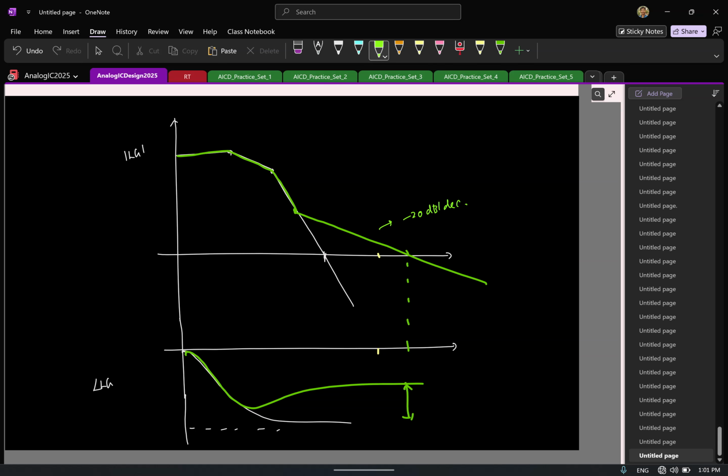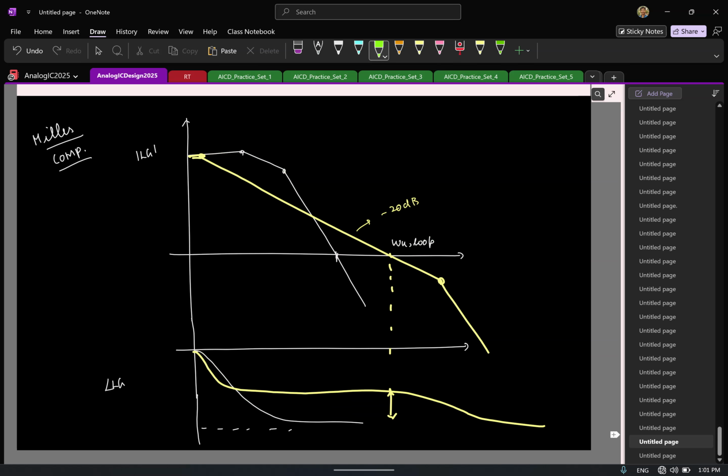And what kind of systems exhibit a 20 dB per decade slope? So overall idea is to try to make sure that around the unity loop gain frequency, your system behaves like a first order system. Because one thing we know for a fact is, a first order system is guaranteed to be stable in negative feedback. So you try to make your system mimic a first order system, at least till this point.